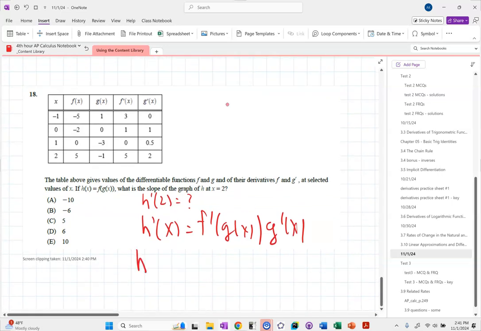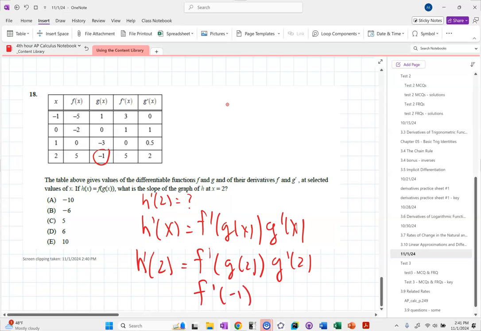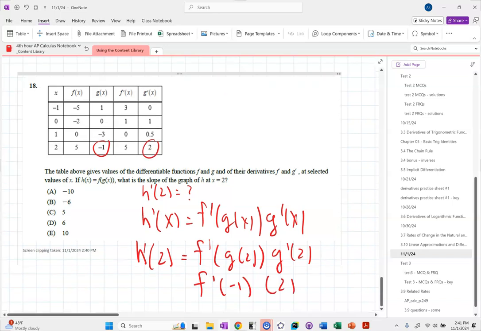Very good. So now I'm just going to plug in 2. g of 2 is -1. g prime of 2 is 2. f prime of -1 is 3.